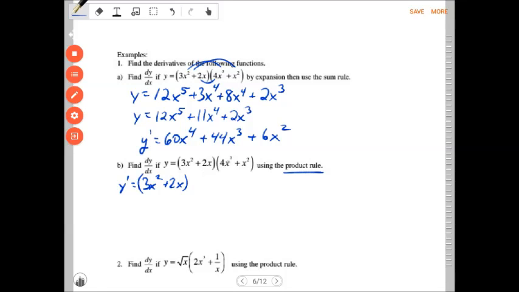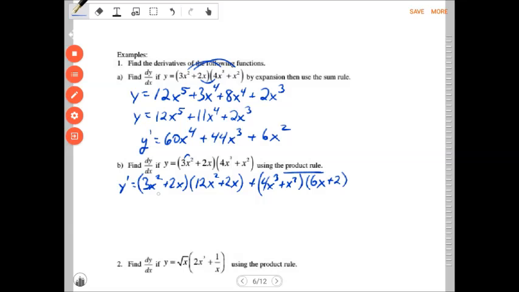So the derivative of the second is 3 times 4, so that's 12x squared plus 2x. Plus the second, 4x cubed plus x squared, that's the second function, times the derivative of the first. So that's going to be 2 times 3 is 6, so 6x plus 2.